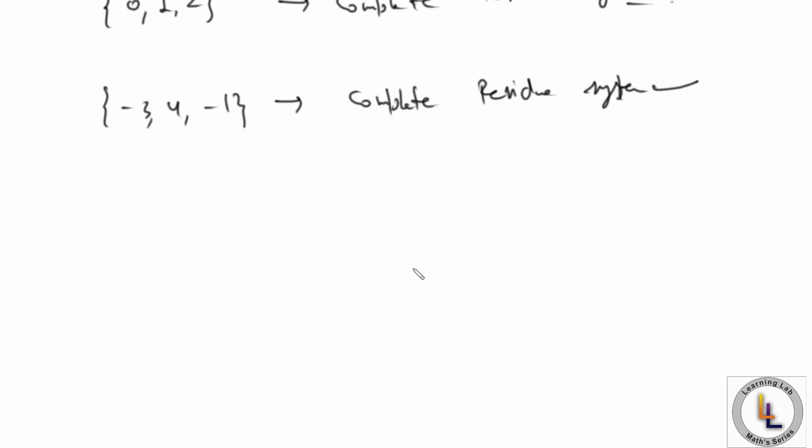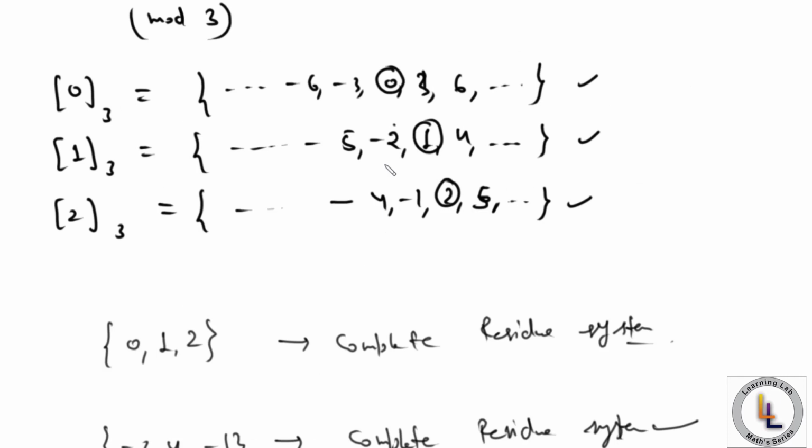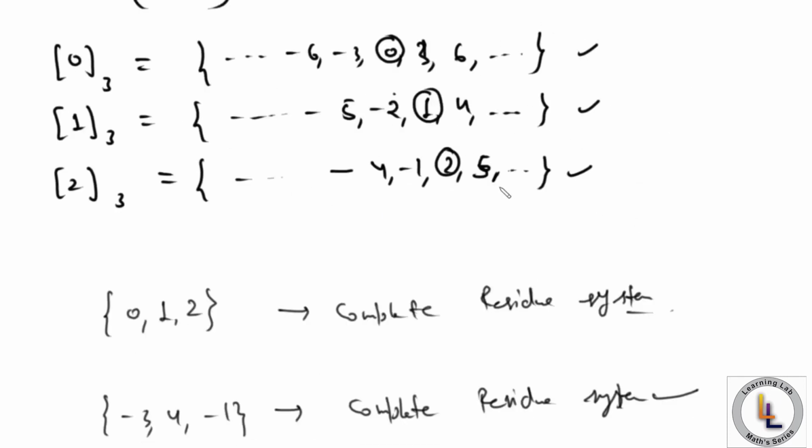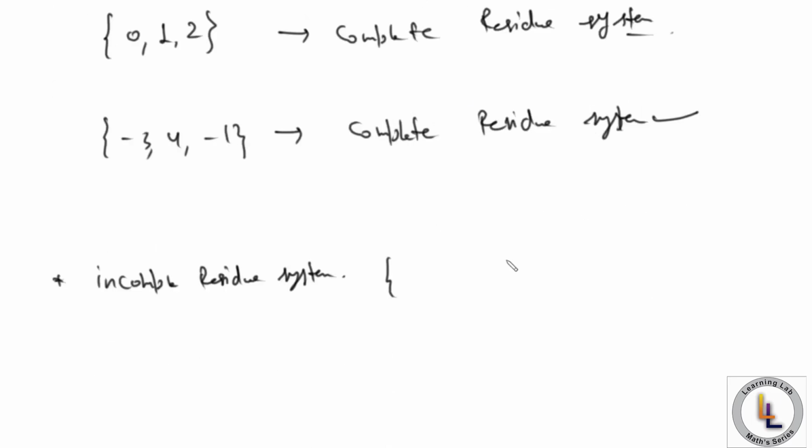But if we do not select elements from all of the distinct classes, that system is called an incomplete residue system. Suppose we select 2 elements, one from this class and one from this, but no element from this one, say only 1 and 2. This is an incomplete residue system.